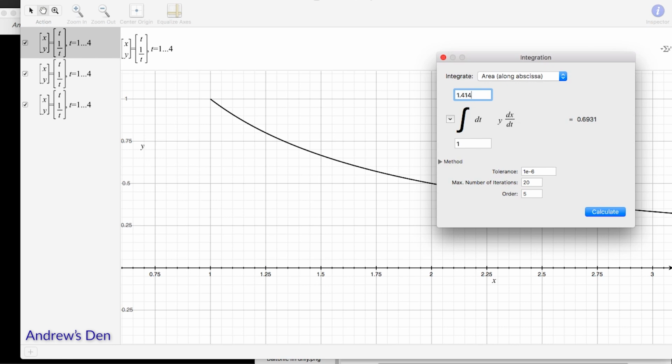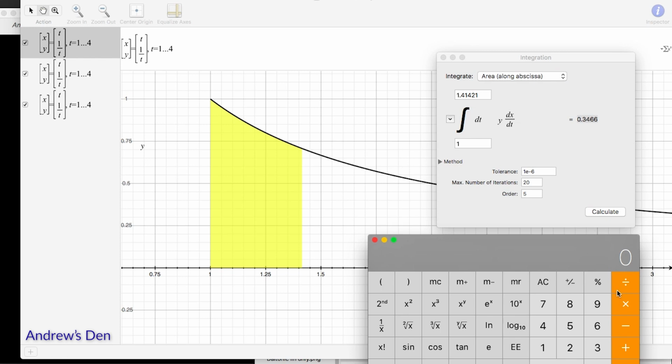So I'll enter the square root of 2 in here. And there we get a number right here. This is the integrated number for the square root of 2, so natural log of the square root of 2. And if we copy that and multiply this times 2, that should be the natural logarithm of 2. And it is 0.6931, though of course we're kind of rounding off.